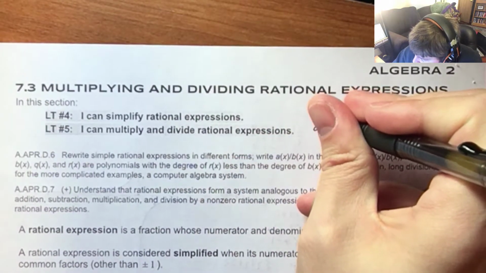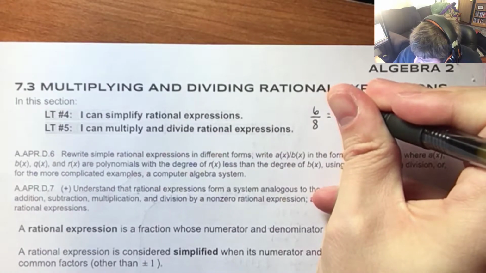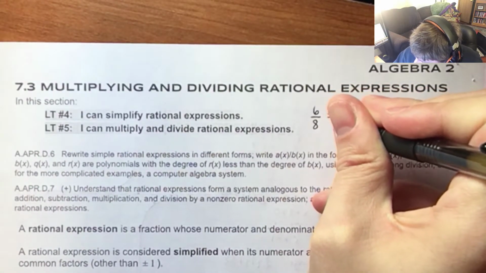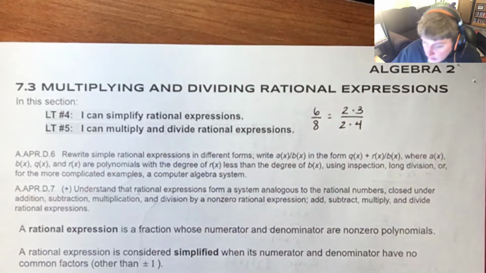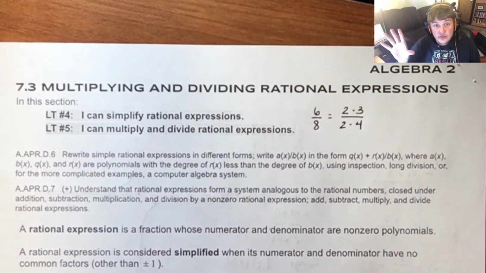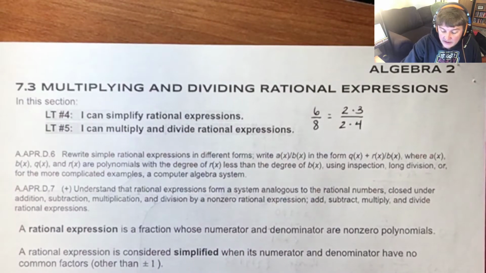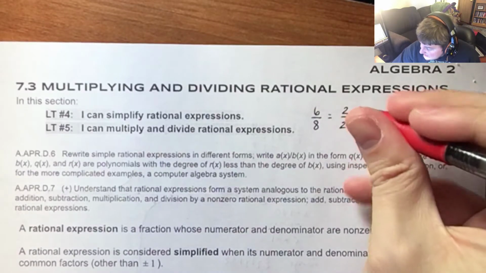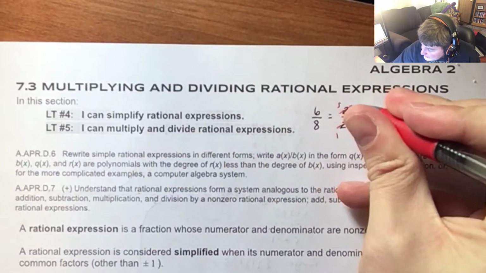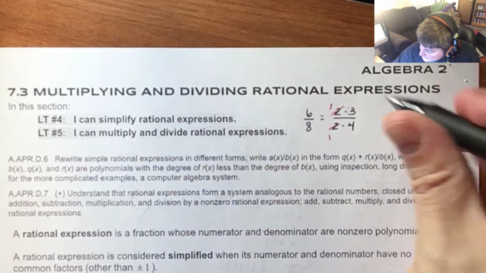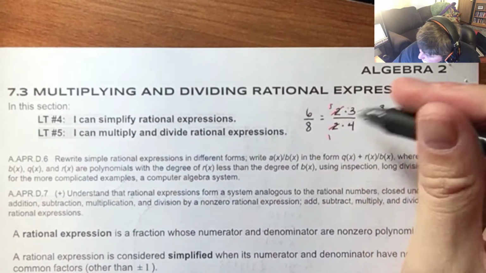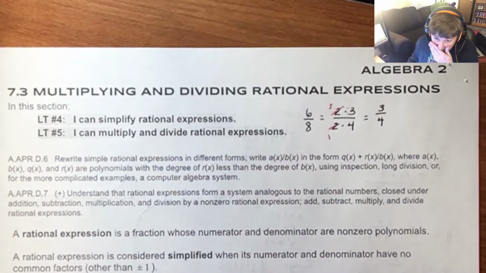So I know that 6 is the same as 2 times 3, and that 8 is the same as 2 times 4. Well, now I have a fraction, and I have a factor of 2 on top and a factor of 2 on the bottom. So naturally what happens here is that these cancel out to the number 1. 1 times 3 is 3. 1 times 4 is 4. And so that's why these two things are actually equal to each other.